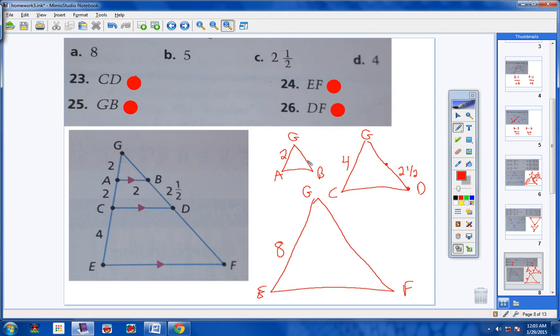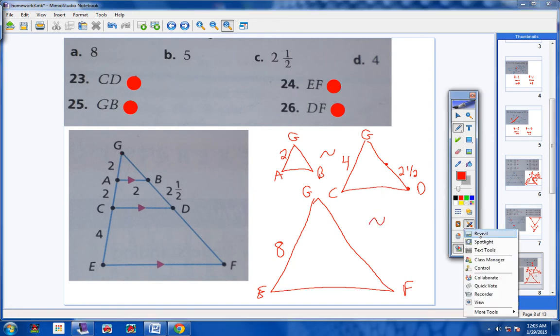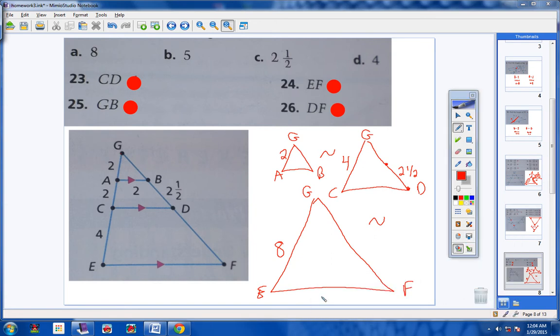This triangle is similar to this triangle, and this triangle here is similar to this triangle here. Let's see what else we have, students. AB is 2. They want us to find the length of CD.